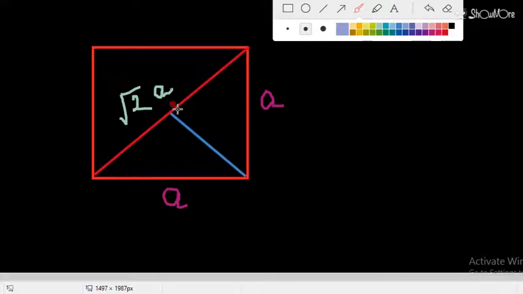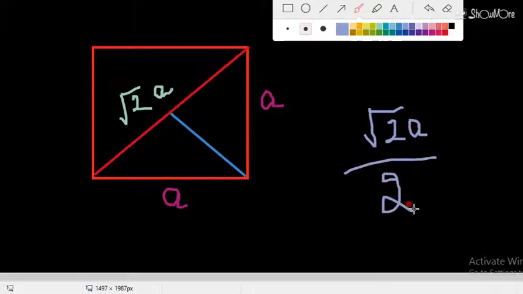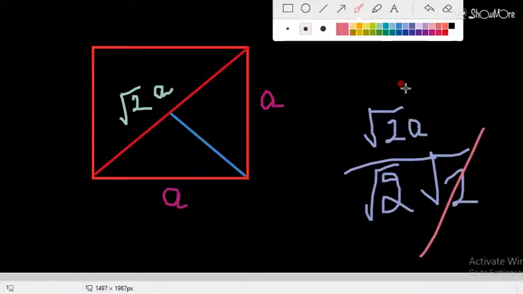So this distance will be under root 2a divided by 2, and we can write this 2 as under root 2 into under root 2. One root 2 will cancel out, so we will be left with a by under root 2.